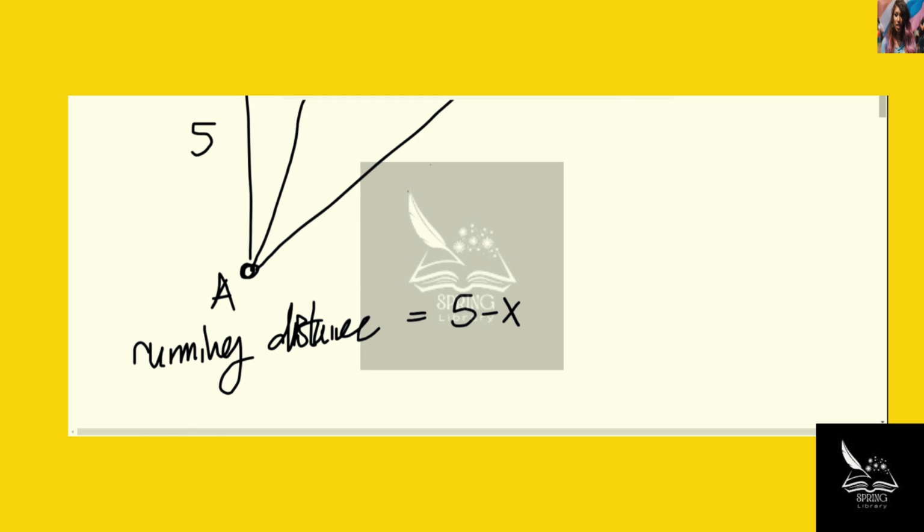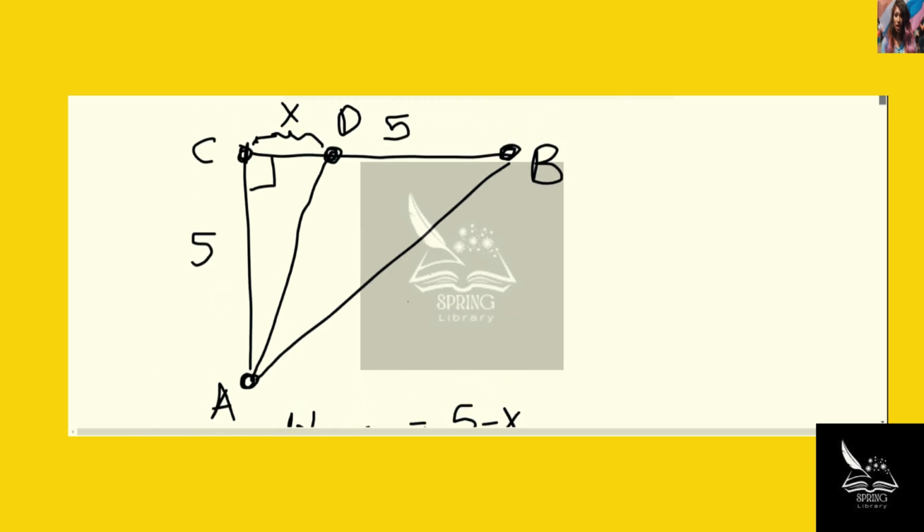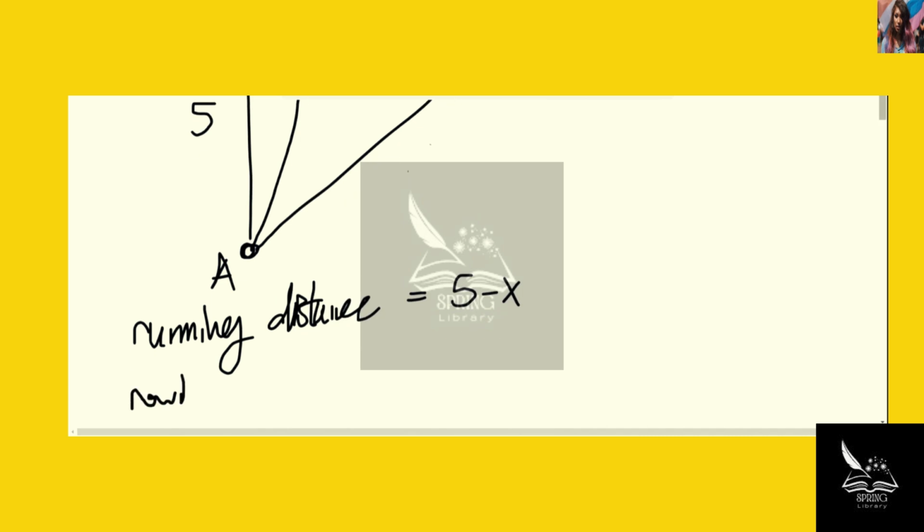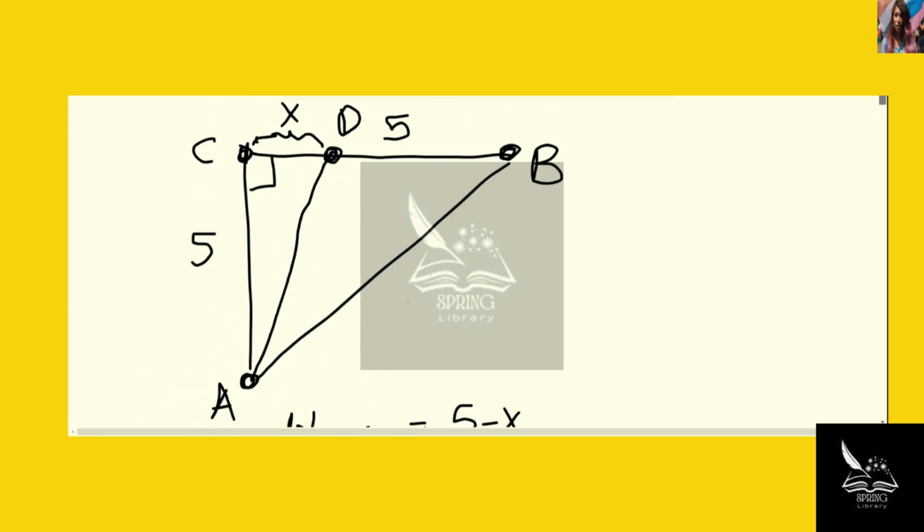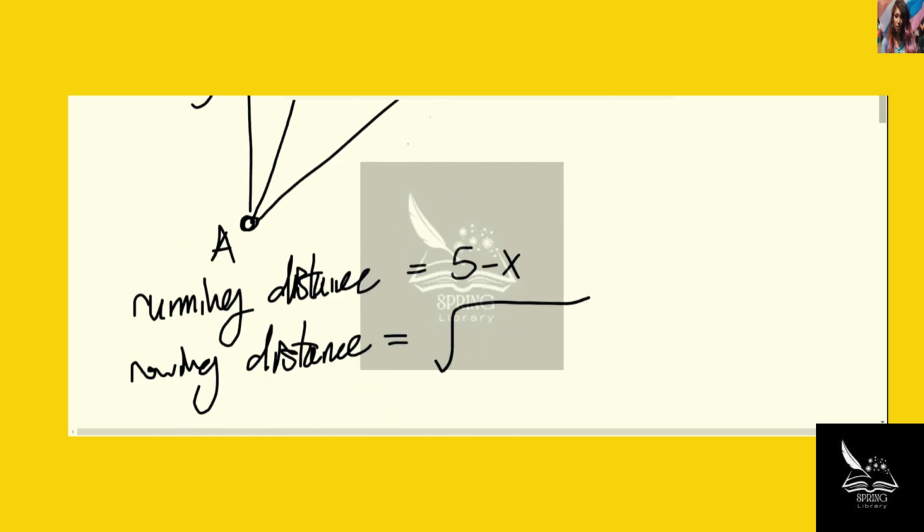And the rowing distance, once they're on the river, this is the distance from A to D. Using the Pythagorean theorem, this is the square root of 25 plus x squared.